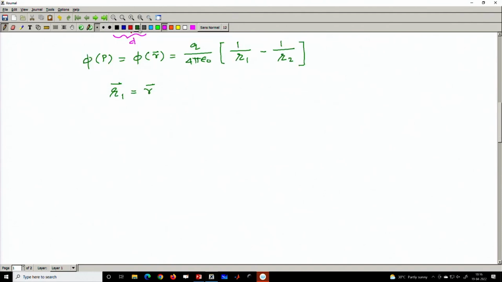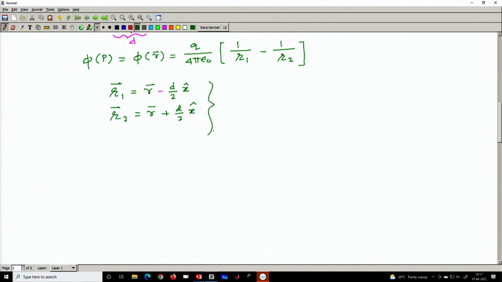So, R1 should be R minus d by 2 times the x unit vector, and R2 in a similar way should be R plus d by 2 times the x unit vector. This is R1 and R2.